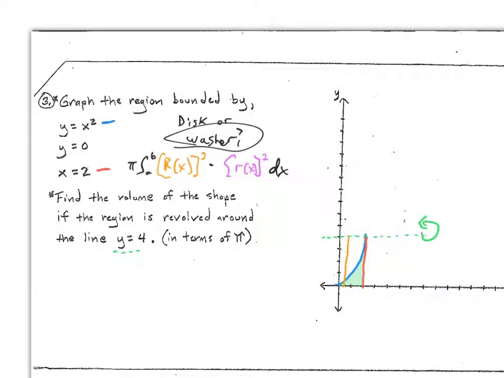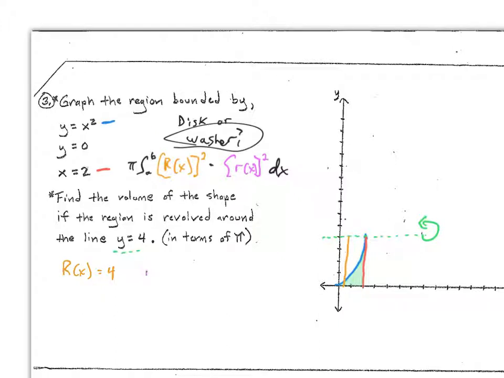So that's going to be a constant 4. Well, how do I know that's 4? My line of revolution is y equals 4, so that's always going to be a constant distance of 4 no matter where I am in my solid. So big R of x is equal to 4.